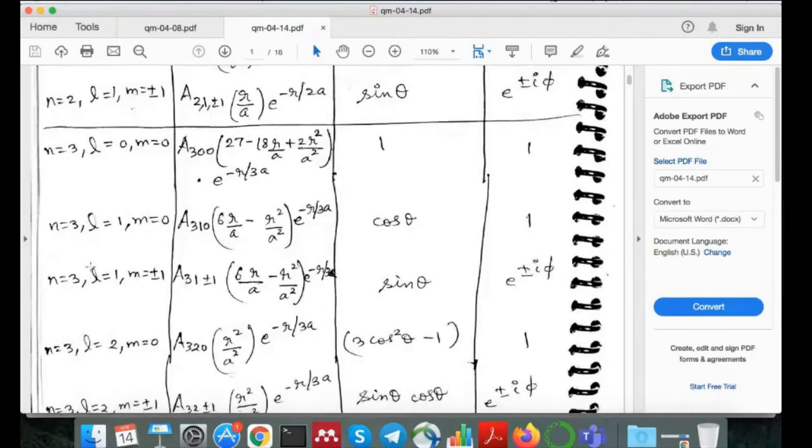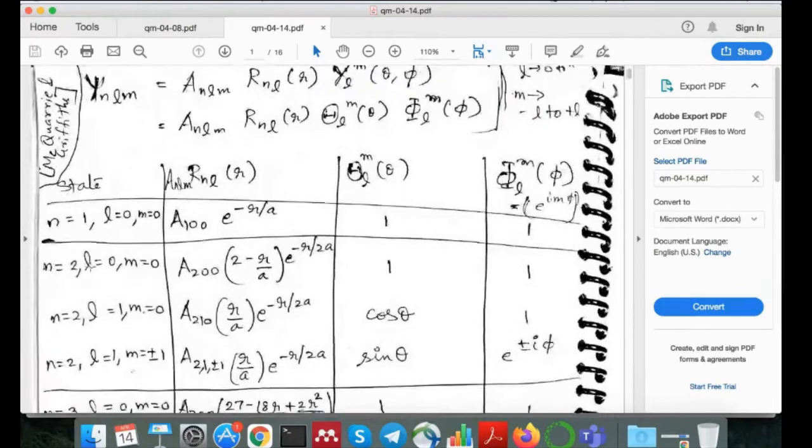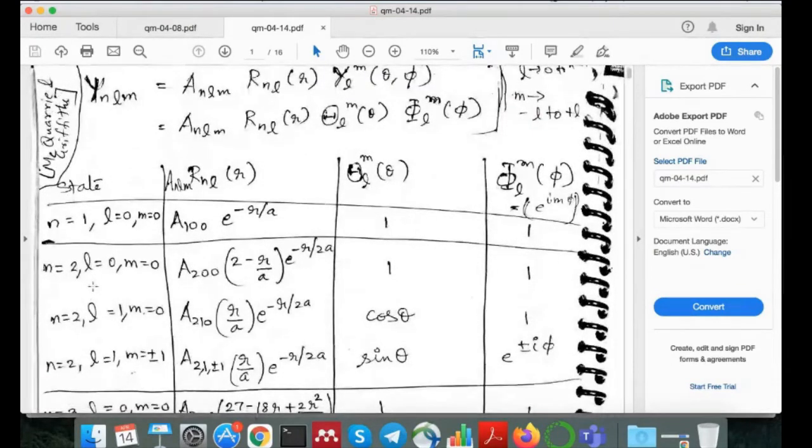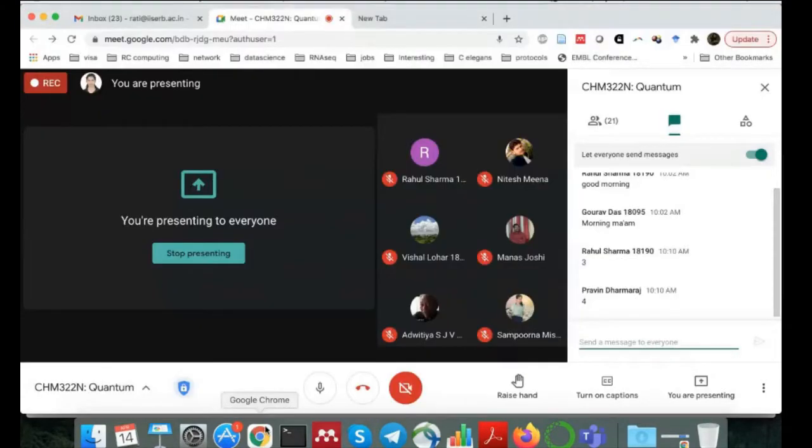What about N equal to 3? N equal to 3, can someone please count and tell me how many states you will see? Come on, do the computation and write it in chats. How many states can you see for N equal to 3?